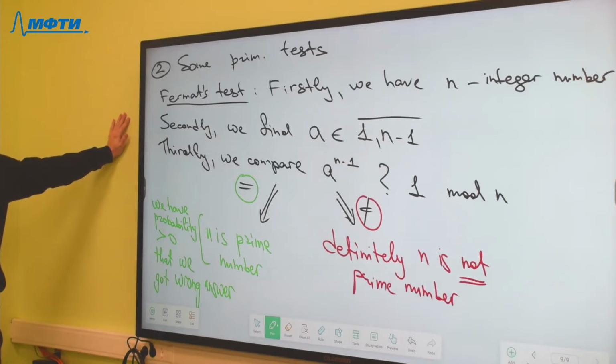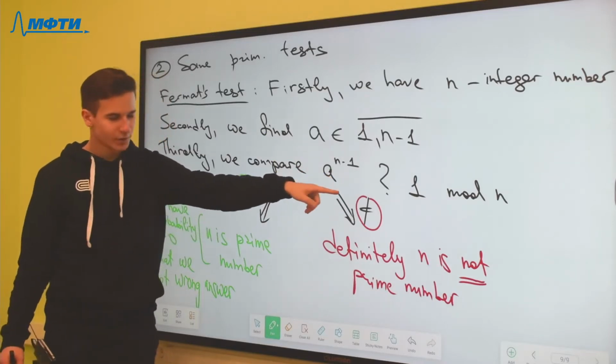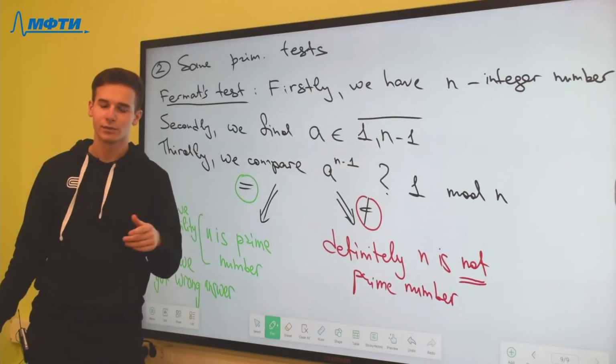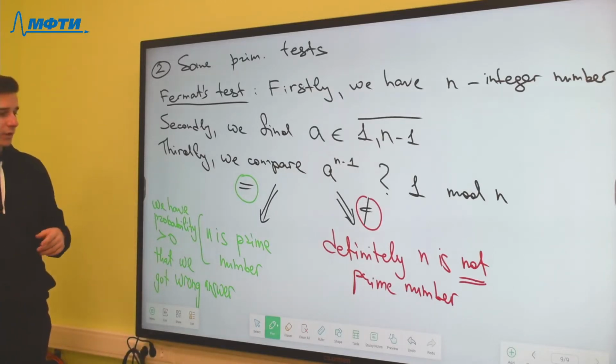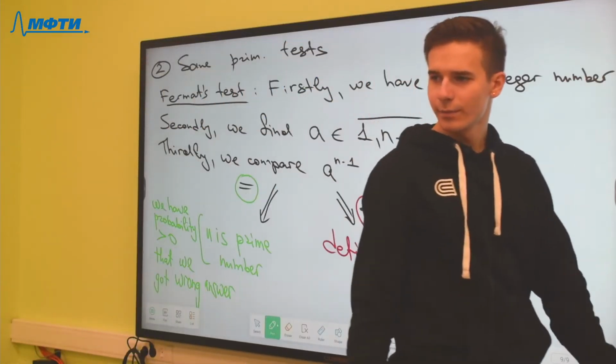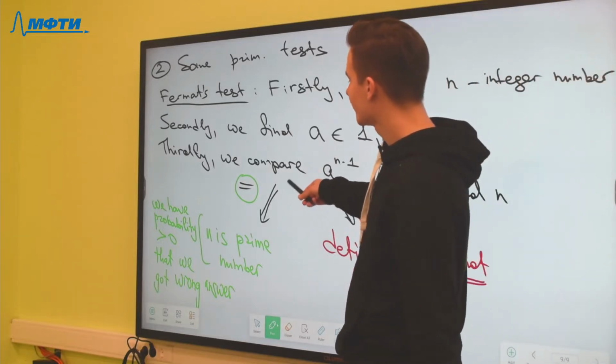Because there are some composite integer numbers for which we find a such that a to the power n-1 will be equal to 1, but n wouldn't be a prime number. Do you need an example of it? Or maybe a number is not prime, but we say as a result that it is a prime number.